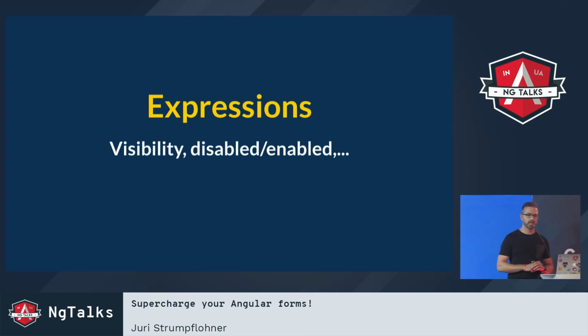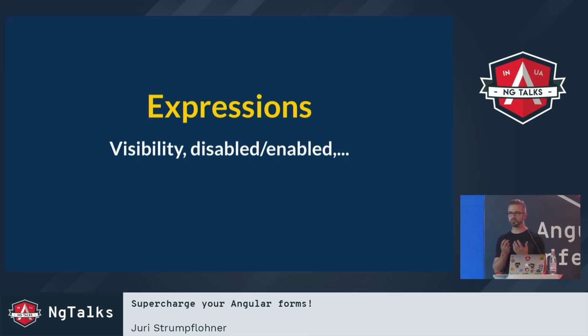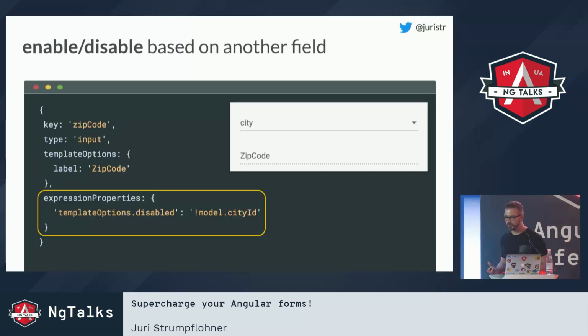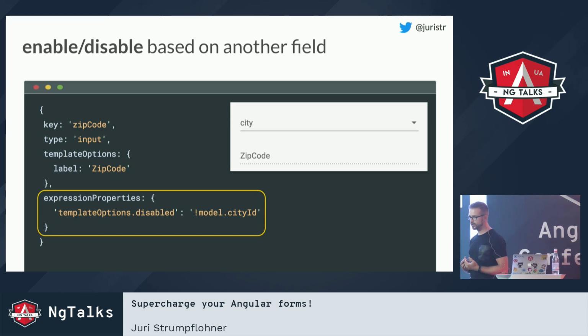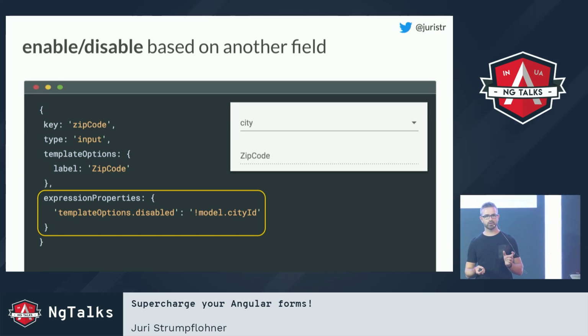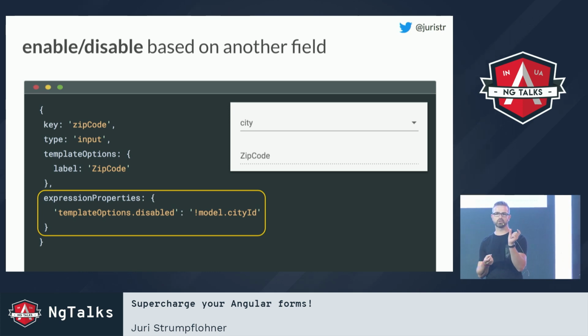Another really important part is expressions, how they are called in Formly. Because obviously, when you have a form, you will have fields which get displayed or hidden based on other fields, based on user permissions or whatever, right? And so in Formly, we can use something that is called expression properties. As you can see, the expression properties allow us to manipulate those template options above.